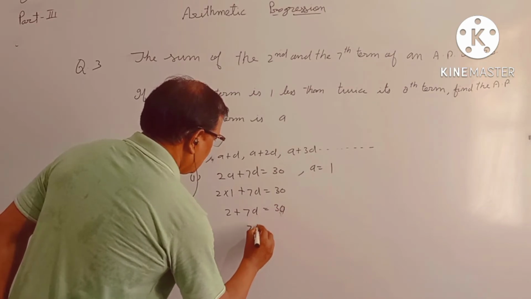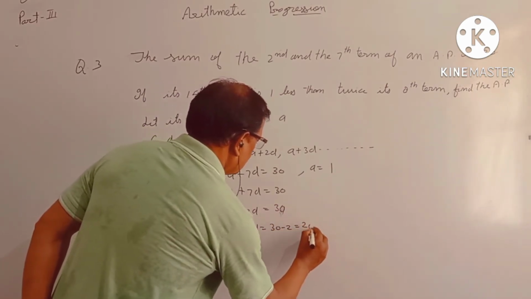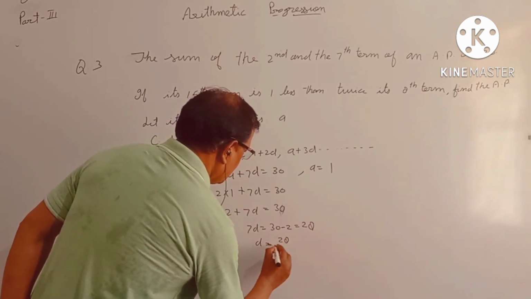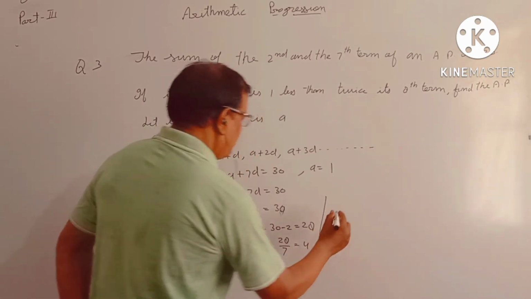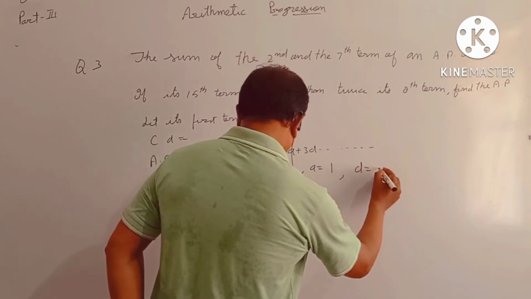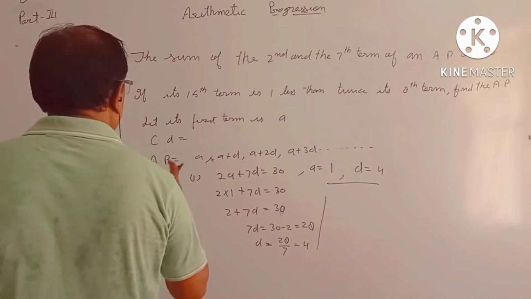Now 7D equals 30 minus 2, which is 28. Then D equals 28 by 7, which is 4. So we have found A equal to 1 and D equal to 4. Now we find the AP.